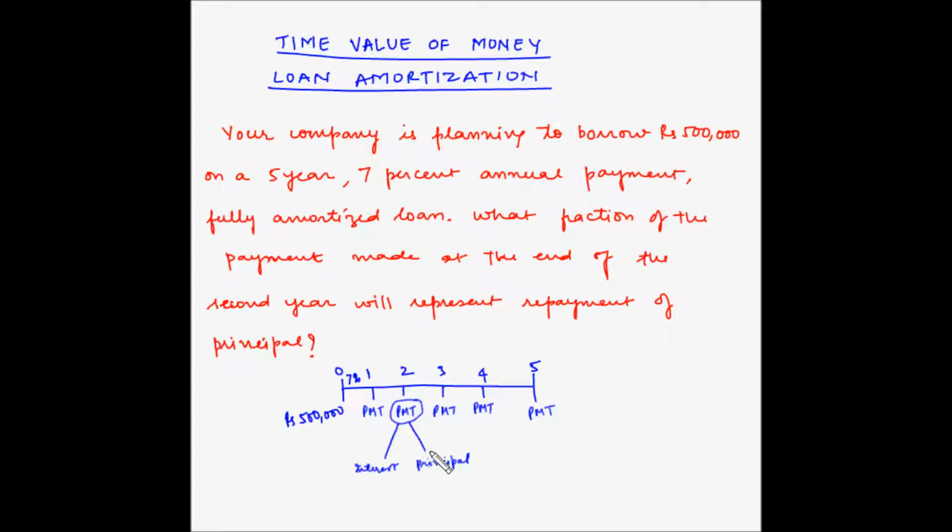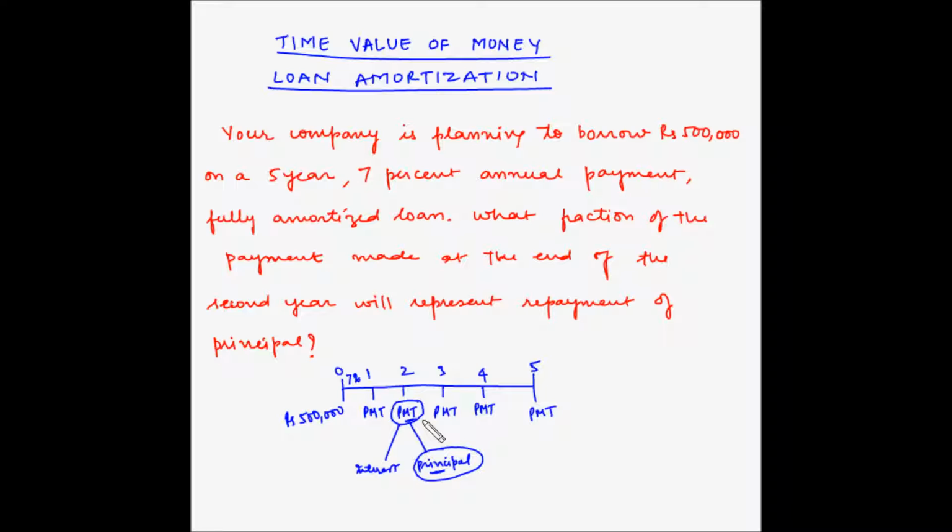So we have to find out how much of this second payment is the principal, and then what fraction of this payment is this principal, that is, how much percent of this payment amount comprises this principal amount.